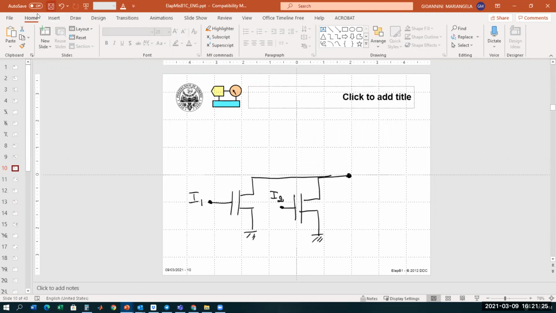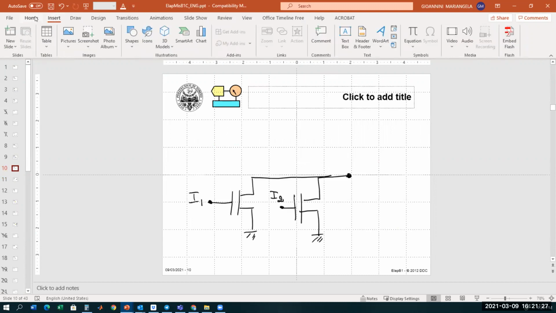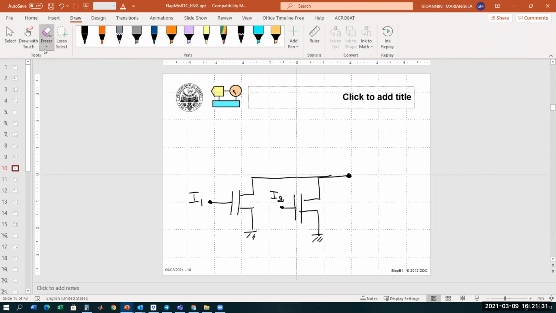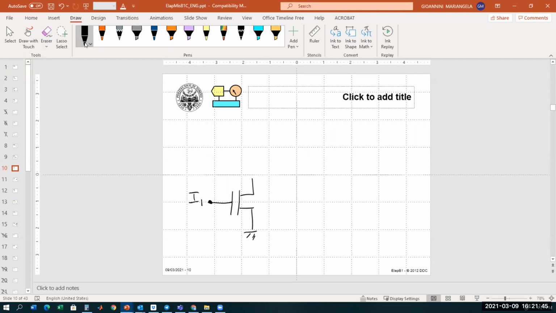Sorry, when I say that both must be high to have a connection to ground, it means that they have to be in series, right?